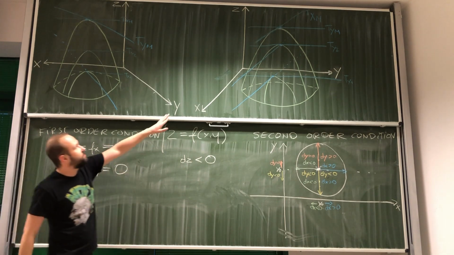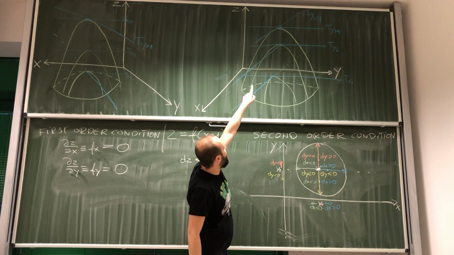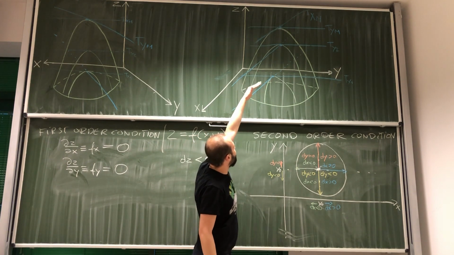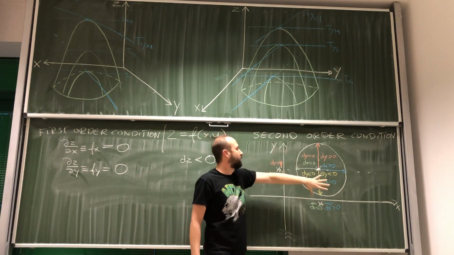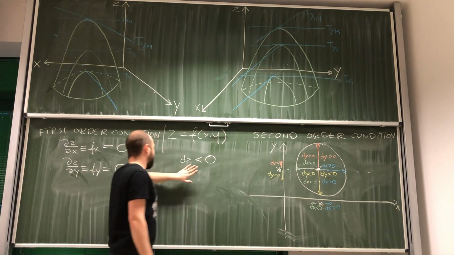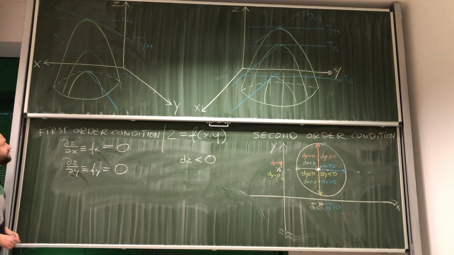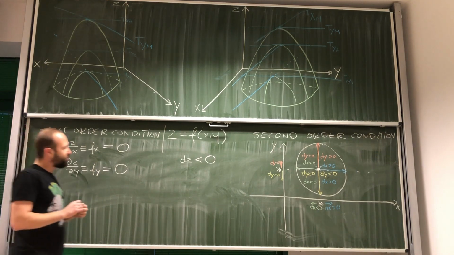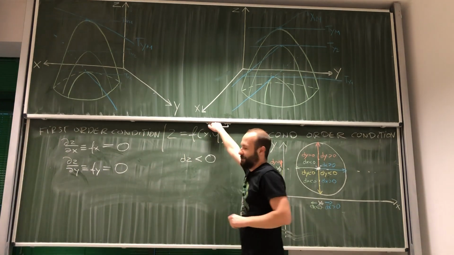Look, because what does it mean? If we are at the top, it doesn't matter in which direction I'm moving away from the top, I'm always going lower. Okay, but this is going to create a slight problem for us.